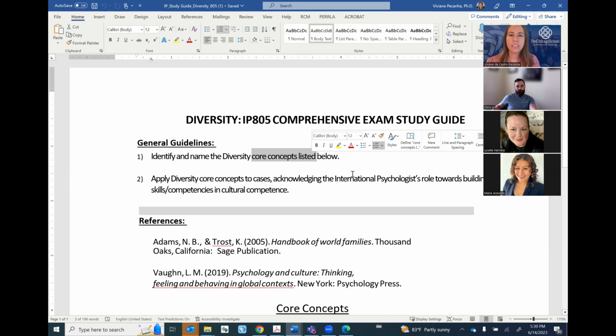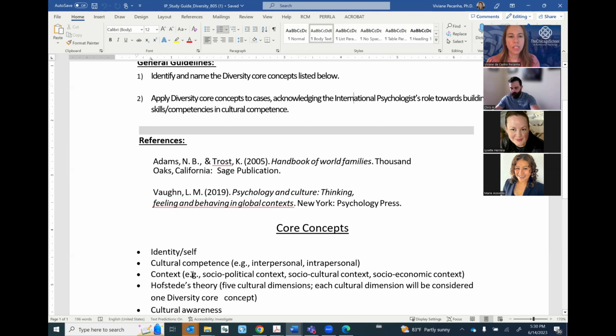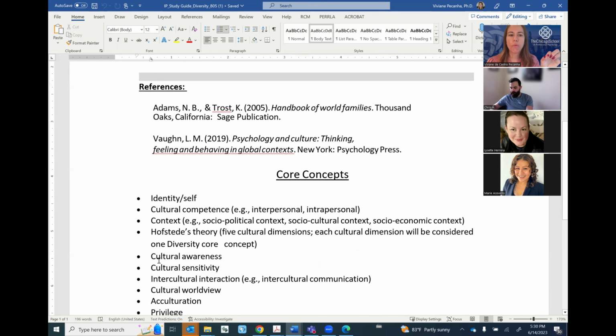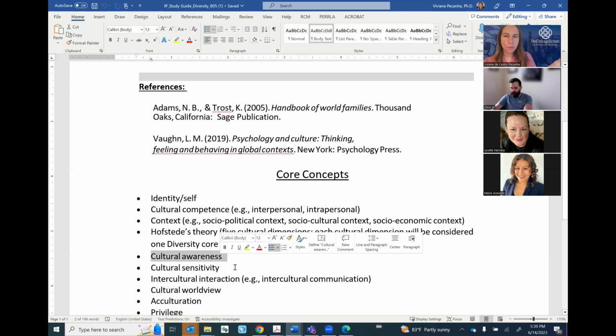So let's say, for instance, that you learn, and we are going to go over the concepts in a moment, the concept of cultural awareness in one specific scenario. There will be questions asking you to apply the concept of cultural awareness into other scenarios.